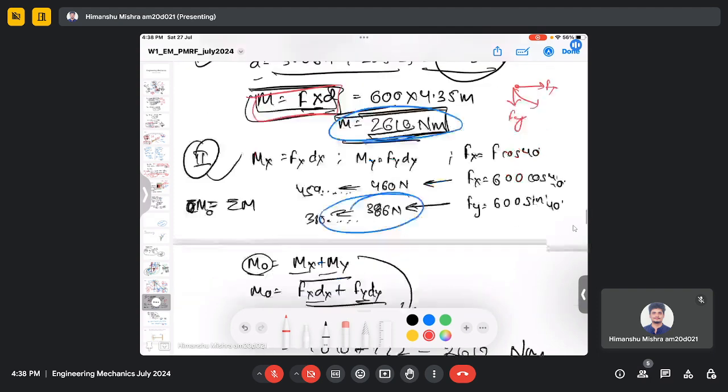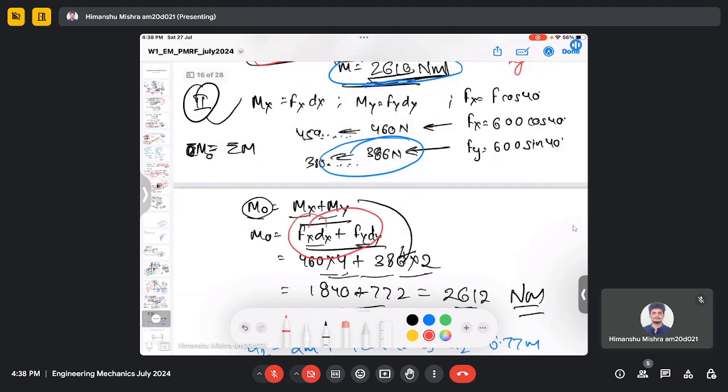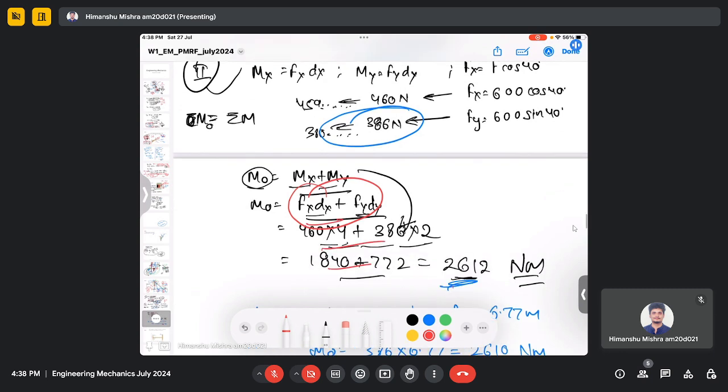Then we use Varignon's theorem, which says that the moment is the summation of the moments from all the forces. This method is easy, but a little lengthy because first you calculate the components of force, then you use Varignon's theorem. So basically you are using 2 concepts here.